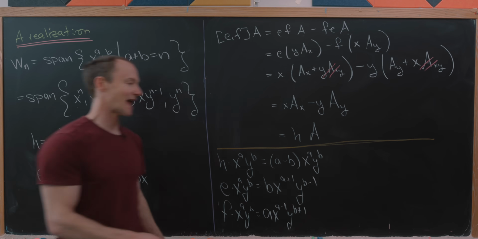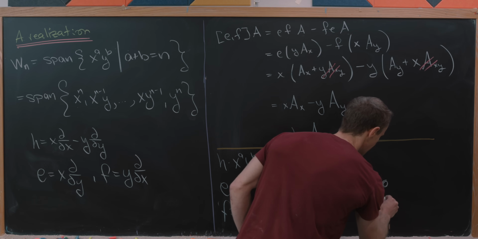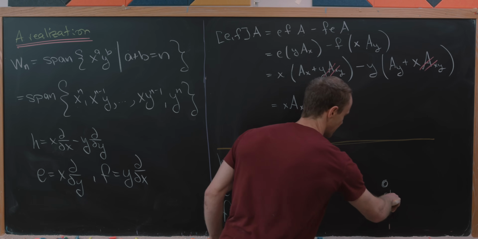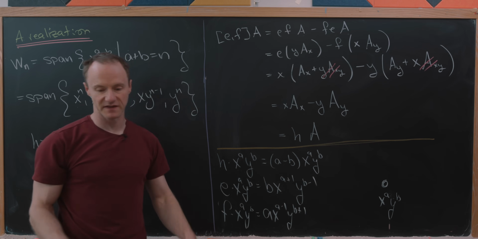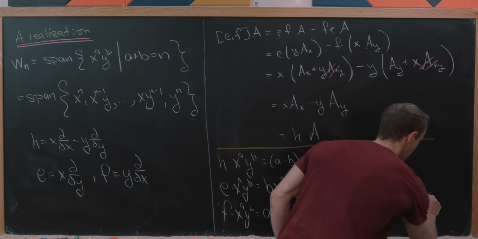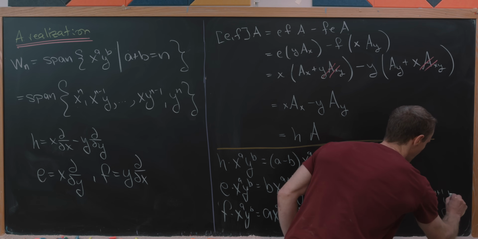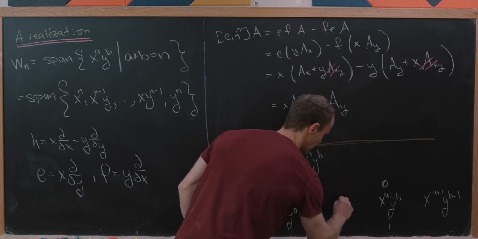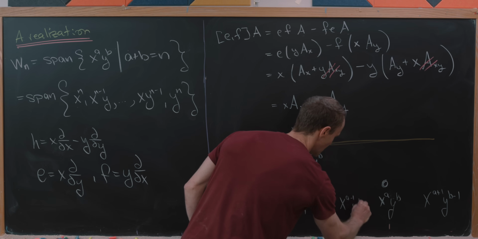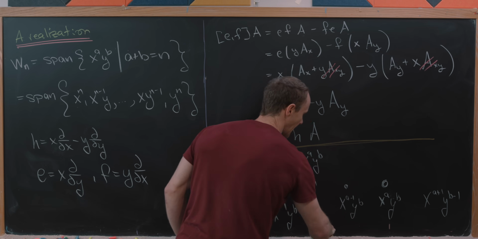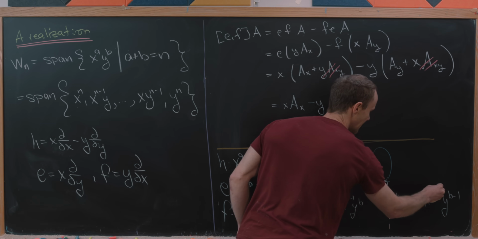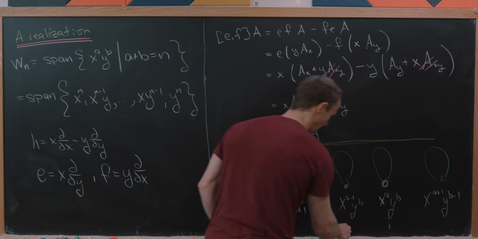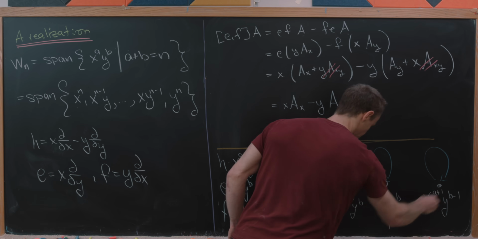So that gives us a hint at this chain forming. So let's see, we've got x to the a, y to the b in the middle. We'll put that thing in the middle. And then over here we'll have x to the a plus 1, y to the b minus 1. And then over here we'll have x to the a minus 1, y to the b plus 1. And we see that each of these is an eigenvector of our action by h.